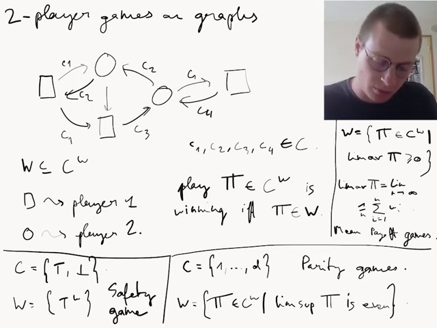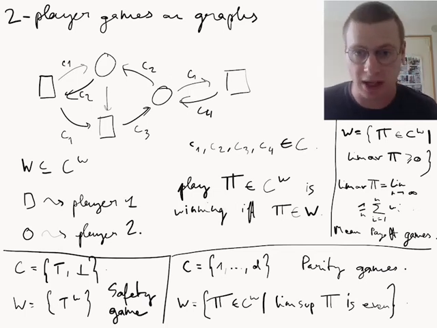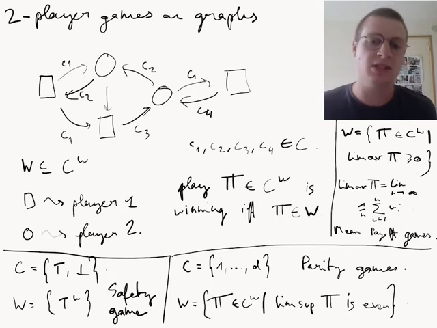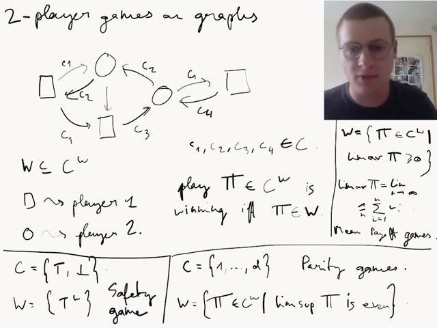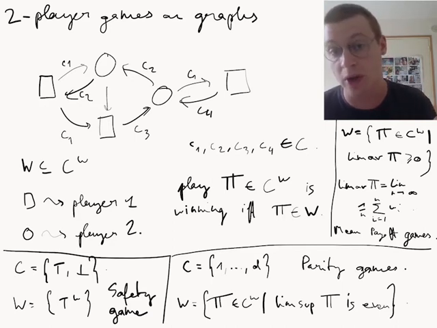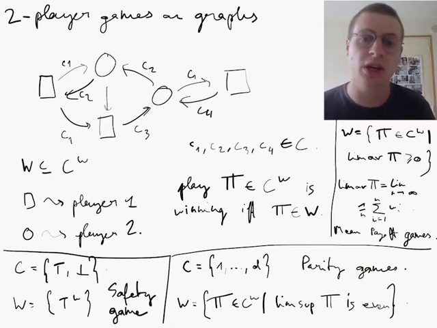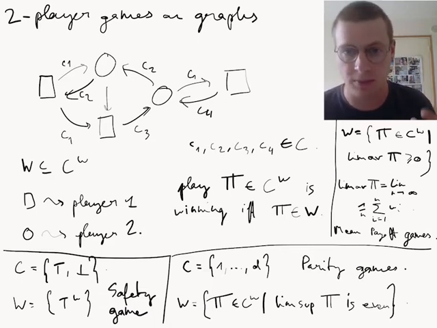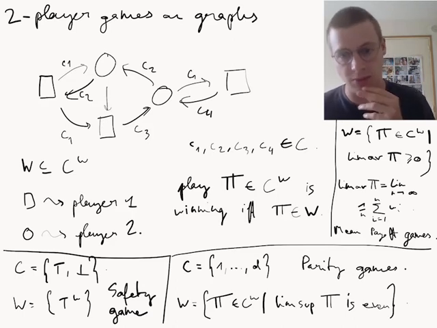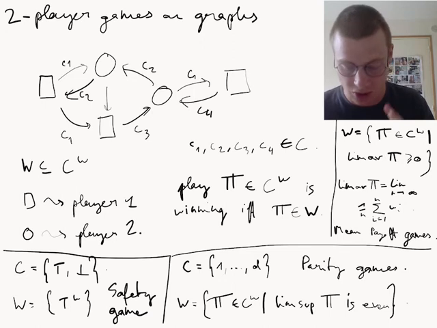First I should mention that these are determined, of course. Determined means that if we start from a given vertex, one of the two players can ensure a win. So either player 1 or player 2 can ensure that the game is winning for himself. This is determinacy, and these games are also special because they are positionally determined.